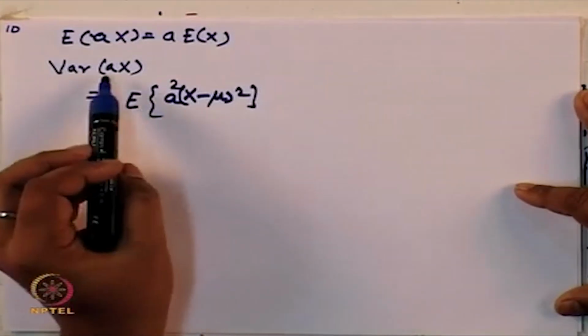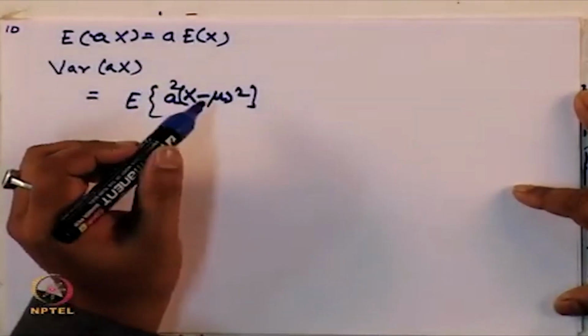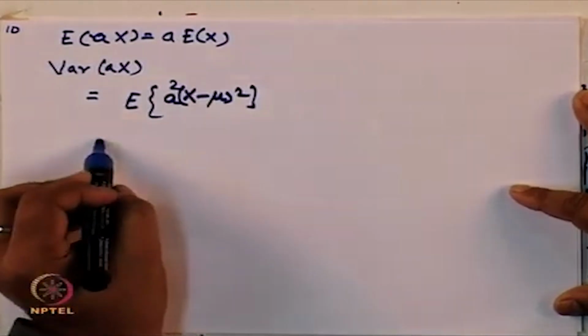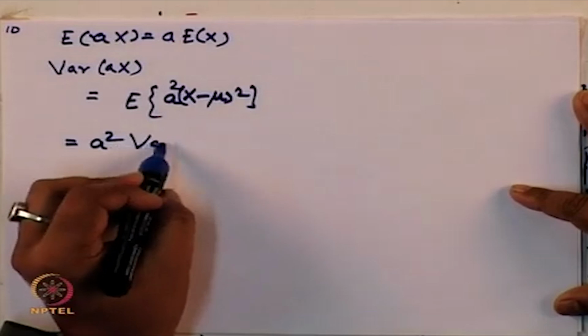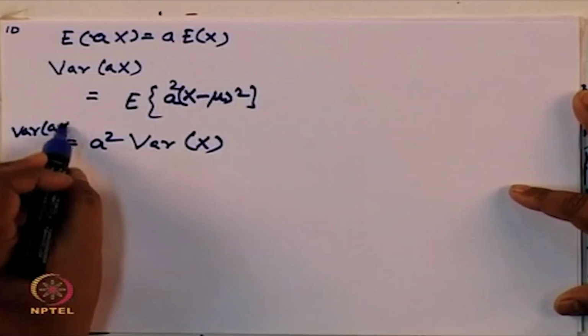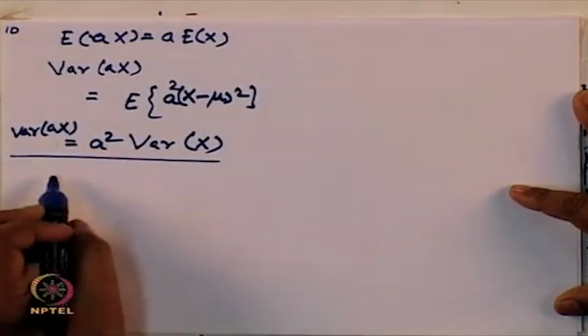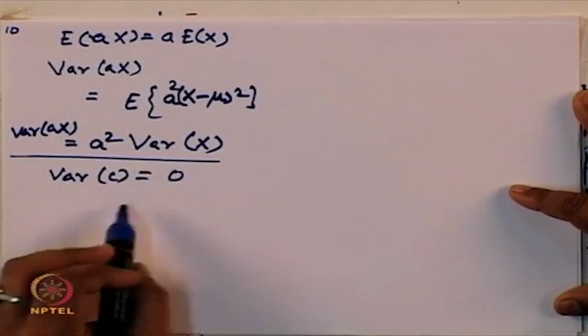So, you can take out the A square term, okay. Variance of A x is going to be A square variance of x. Okay. Variance of a constant is going to be 0.